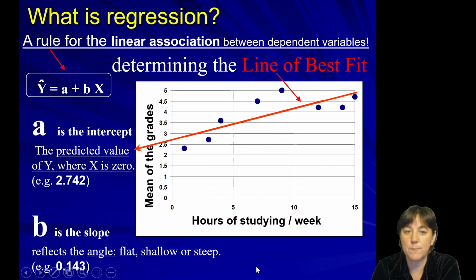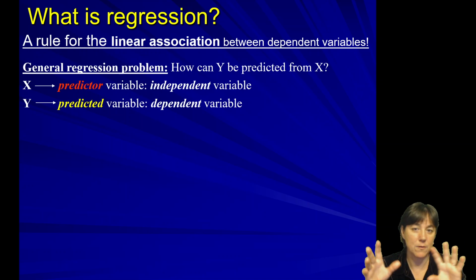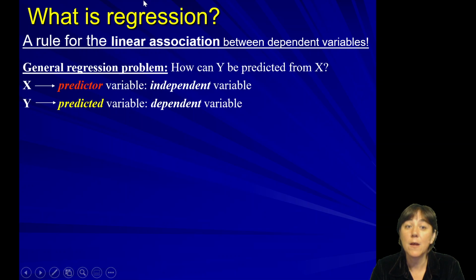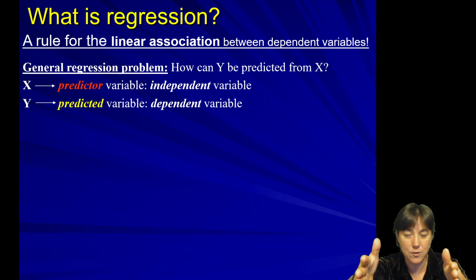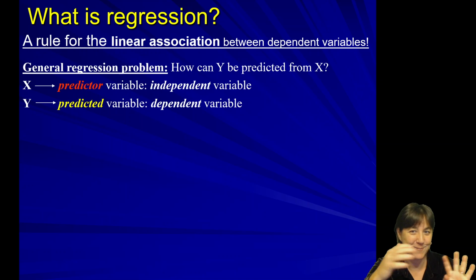Okay, so what is regression? It's a rule of the linear association between dependent variables, but, and this is a very important but, whereas in correlation, remember I told you, you can put on the x or the y-axis whatever variable you want from the two. Here, when we're doing regression, you have a direction, a one-way street, okay? And you don't go the other way within that prediction.